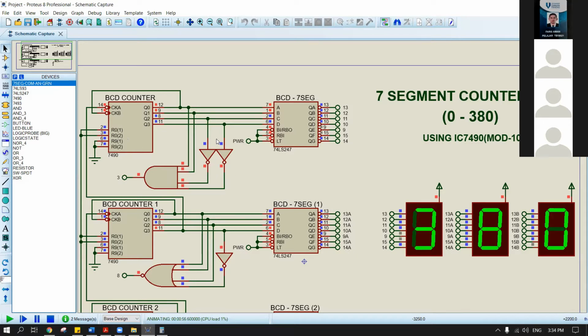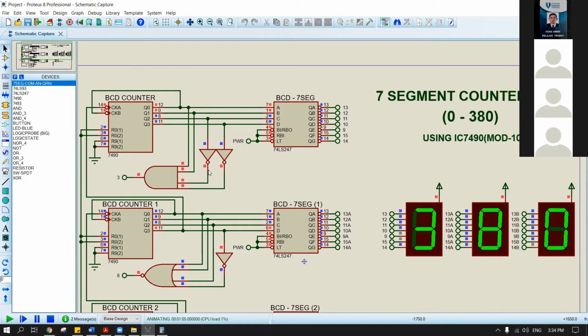So we have to combine all the outputs from the first 7 segment, which is 3, and it will give the input to the IC BCD counter.